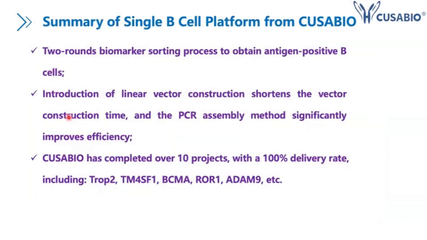And right now we have already completed over 10 projects, and the delivery rate was 100%. You can see that we have completed different targets, and all of these have been delivered to our customers.